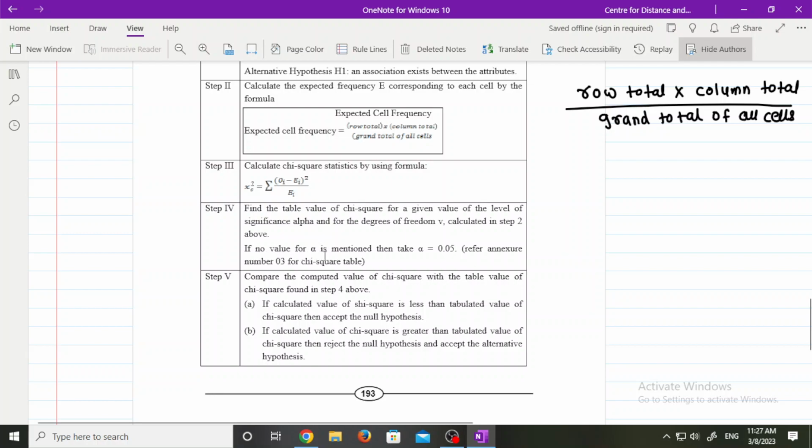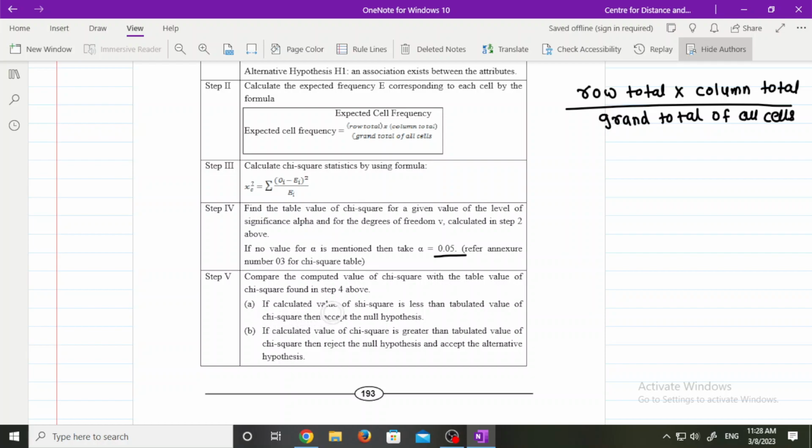If no value for alpha is mentioned, then take alpha equal to 0.05, that is 5%. Then in step 5, compare the calculated value of chi-square with the table value of chi-square, which is found in step 4.